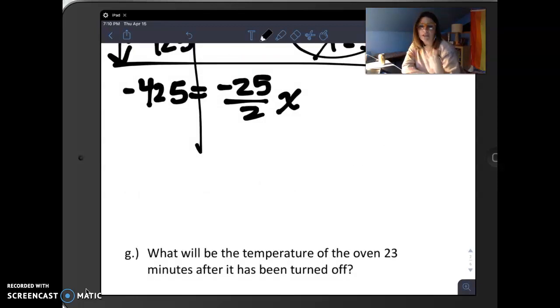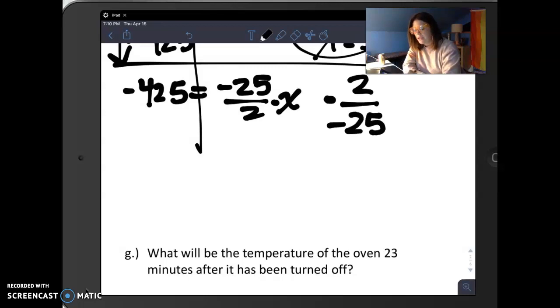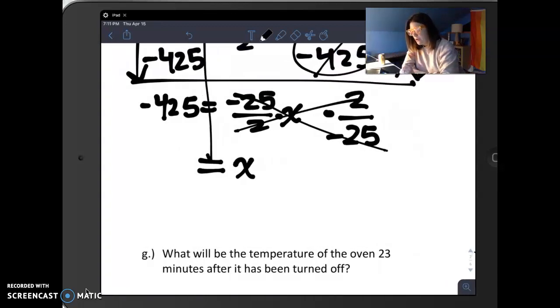Solving this equation can be kind of tricky, and in the last video I explained a few different ways you can approach this. I'm going to tell you that if you have a fraction being multiplied by a variable that you want to solve for, then you need to multiply by what's called the reciprocal. Essentially it cancels out and creates 1, so you have 1x, but what you do to one side, you also have to do to the other.